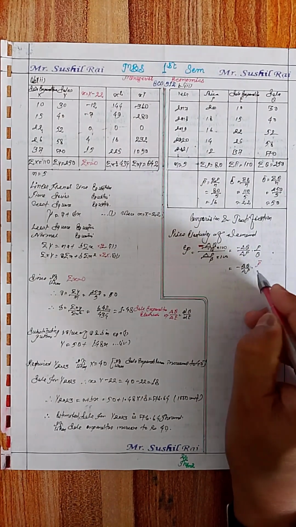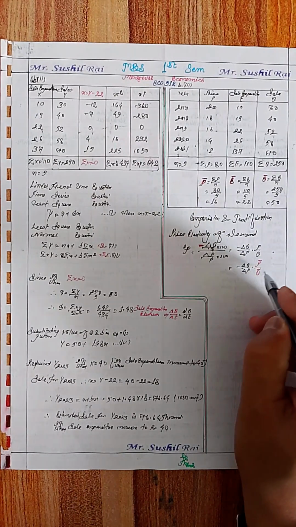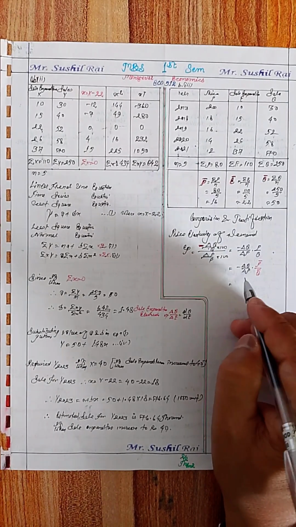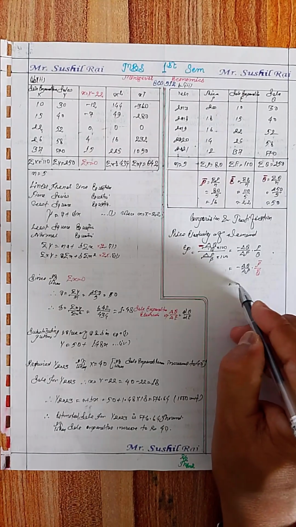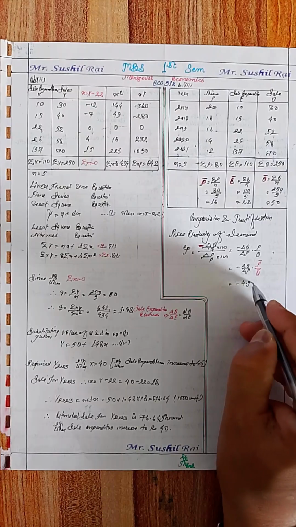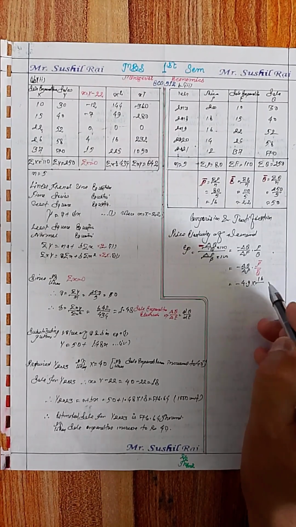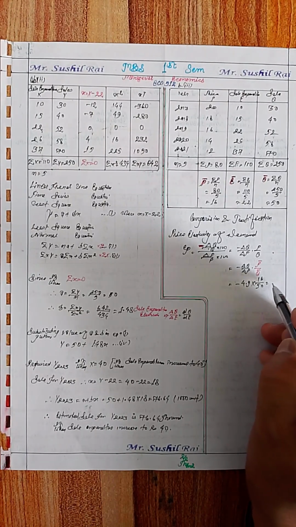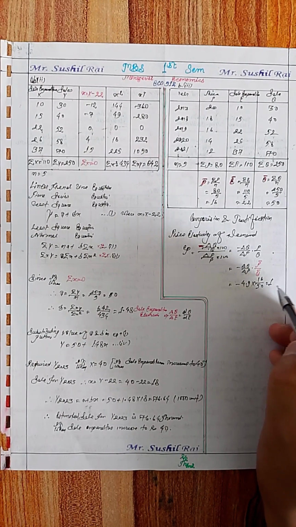Then it is equal to minus 4.9 into 16 by 50, which is equal to minus 1.568.